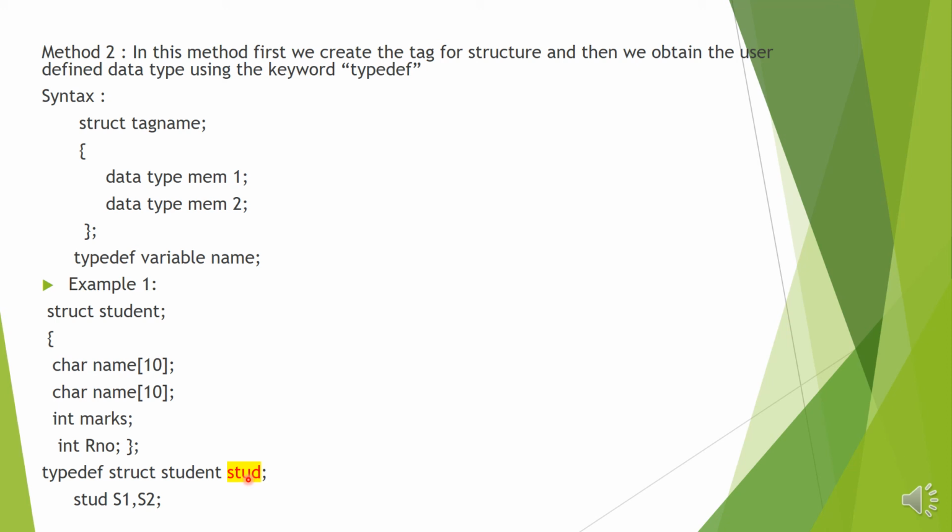Then using this short form, a user defined name, you can declare any number of variables in different functions like s1 and s2. Here s1 and s2 are the two variables which are used to store two student details. What details? The name of the student, USN of the student, marks of the student, and the roll number of the student.